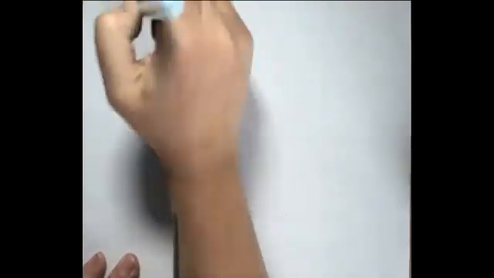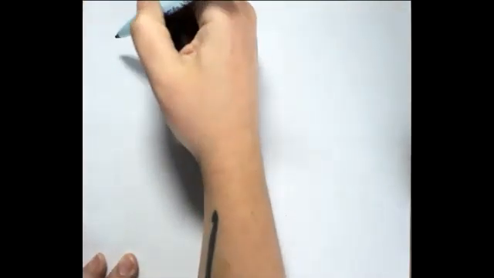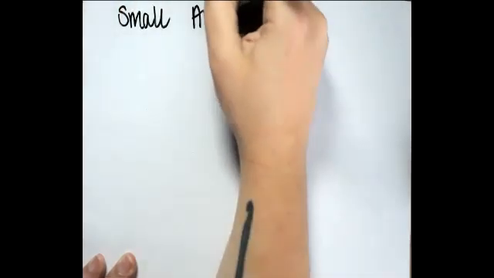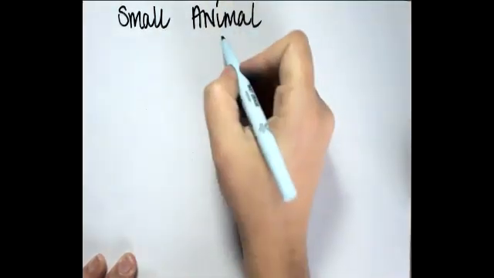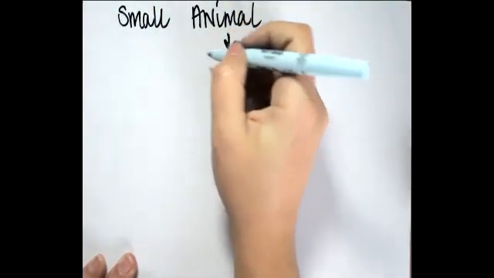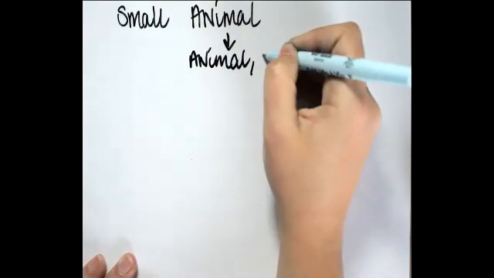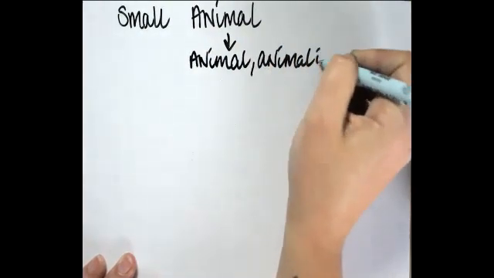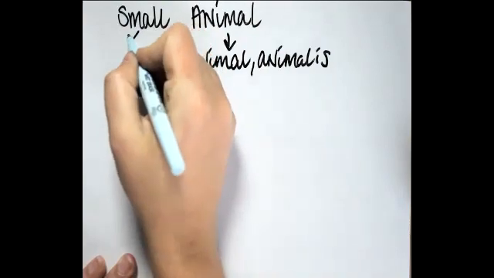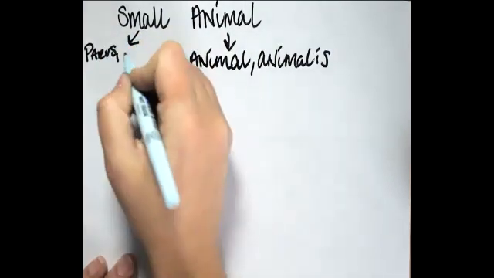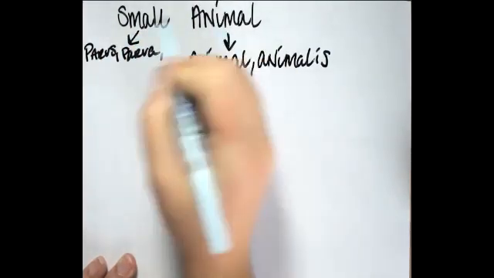If I want to make a paradigm chart, which is just where you put out all the forms, if I wanted to say small animal, the noun I would need to use would be the third declension neuter noun, animal, animalis. And then I would need to use the adjective for small, which is parvus, parva, parvum.